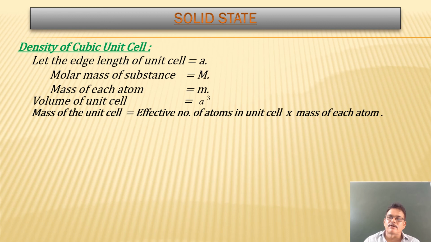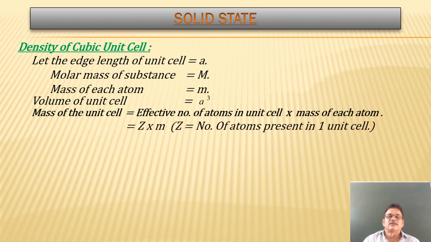It is the total number of atoms that belong to one unit cell, calculated with the contribution of different types of particles. It is denoted by Z. So effective number of atoms in unit cell is equal to Z, and m is the mass of each atom. So Z into m becomes mass of the unit cell.